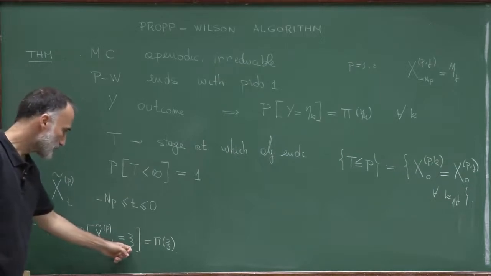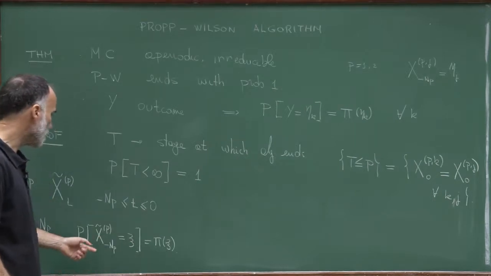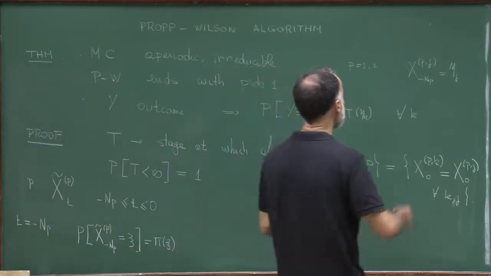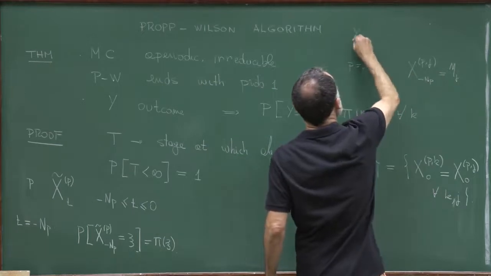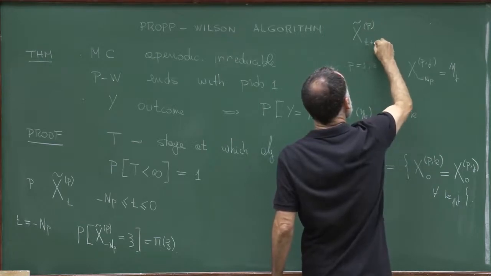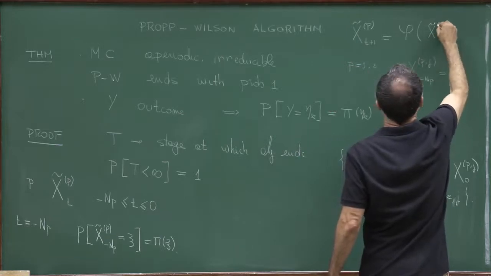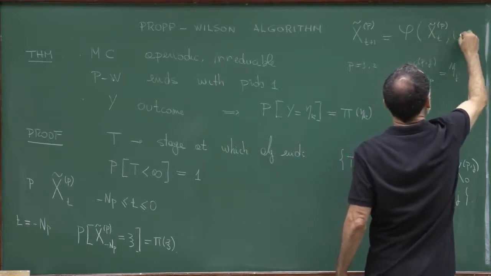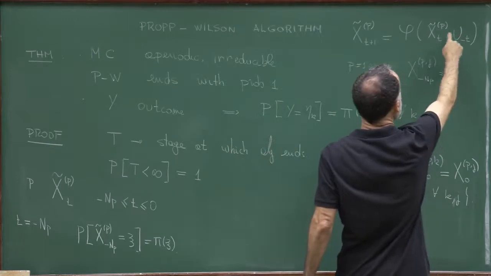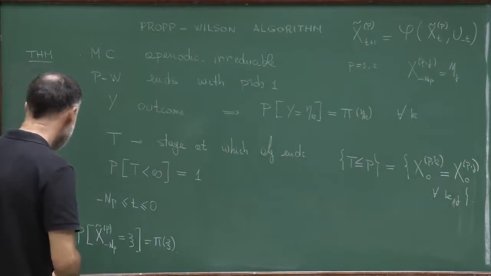And once this configuration xi has been determined, I just define this chain by using the same update as I used for x. So this means that the chain x tilde p at time t plus 1 will be given by my function phi of x tilde p at time t, u minus t. So I'm using exactly the same update for this chain and for the chains x p j. So the same update is used.